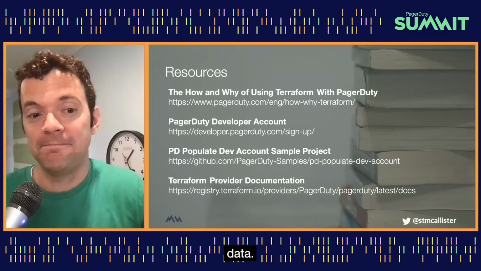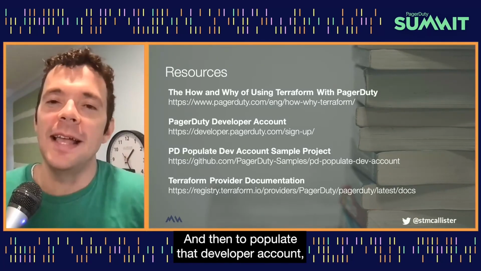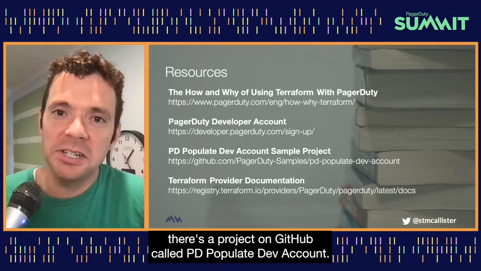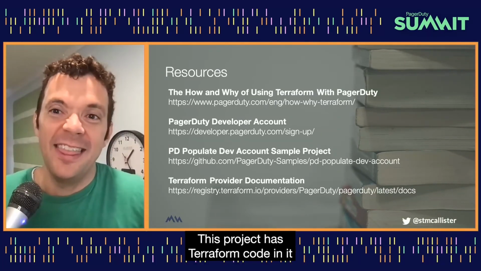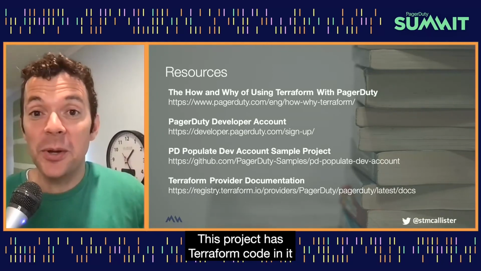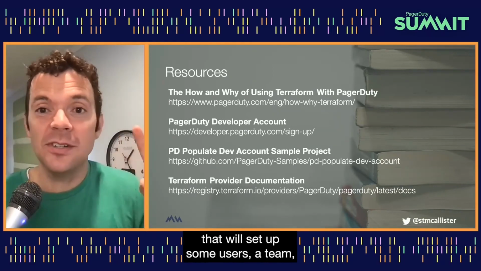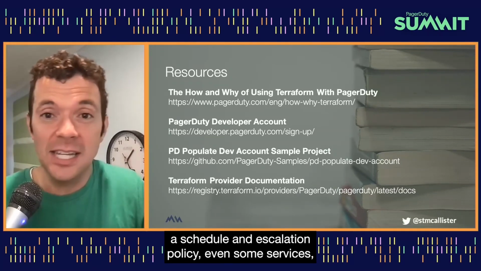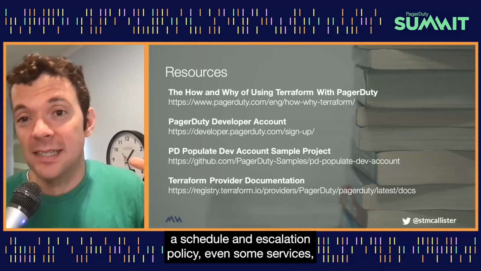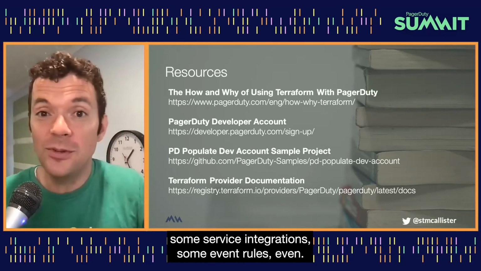And then to populate that developer account, there's a project on GitHub called PD Populate Dev Account. This project has Terraform code in it that will set up some users, a team, adds those users to a team, creates a schedule, an escalation policy, even some services, some service integrations, some event rules even.